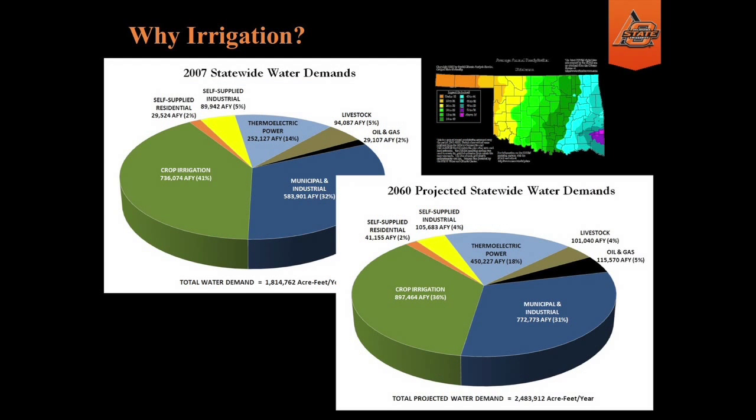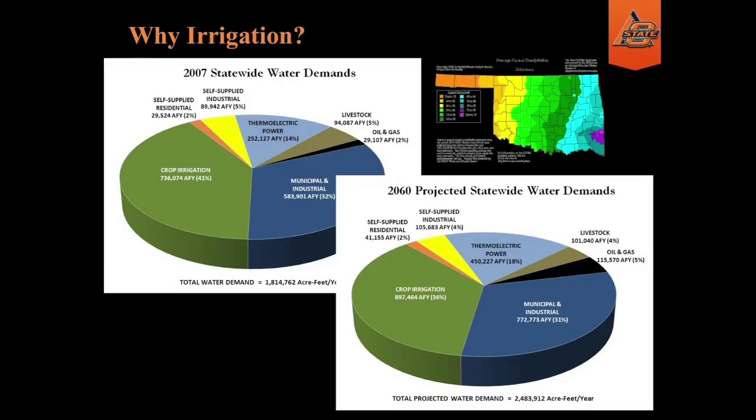Now let's look at the situation in Oklahoma. That's the gradient of precipitation for Oklahoma, going from over 50 inches to less than 20 inches on average. This chart was in the first presentation too. You look at the crop irrigation, that's like 41% of total water use or water demand in Oklahoma. That was 2007.